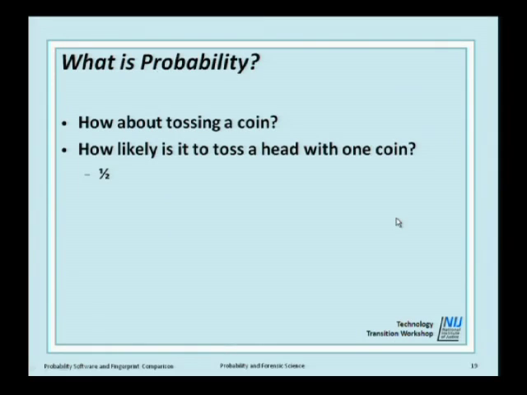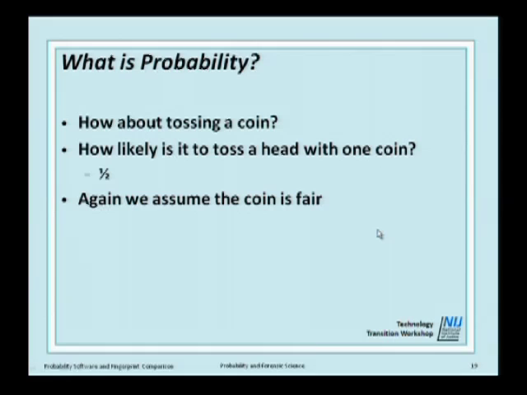So, even simpler, how about tossing a coin? Okay, likelihood, and I'm going to tell you this one because I think you can all work this one out. The likelihood of tossing a head with 1 coin is 1 in 2, or 0.5, or 50%, however you want to articulate that. 50-50. So, again, we've assumed that coin is fair.